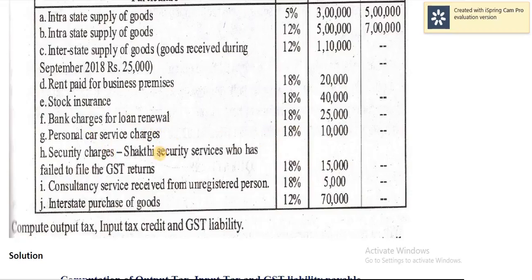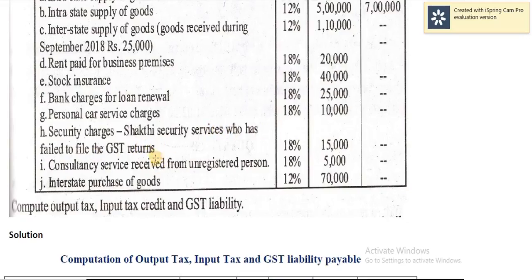Security charges, Shakti Security Services, who has failed to file the GST returns. See, a dealer will get input tax credit only if the supplier files GST returns. Otherwise, the dealer will not get any input tax credit.